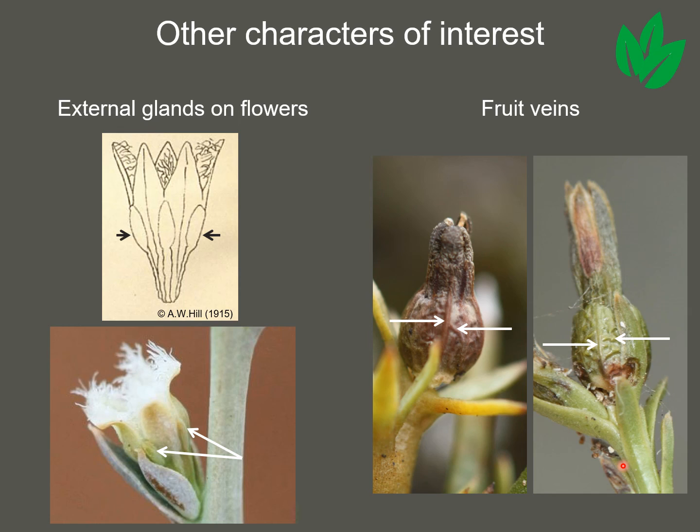The problem with this character is that we don't know when a species was described and the fruit was described whether it was based on fresh material or on dried material. So I think it's just good to keep these characters in mind in case you do come across them in some of the identification resources.